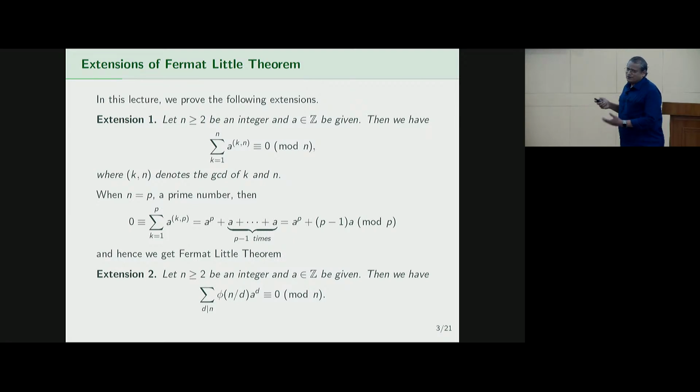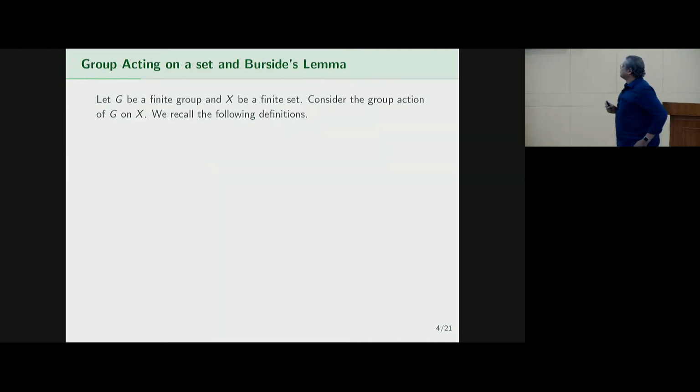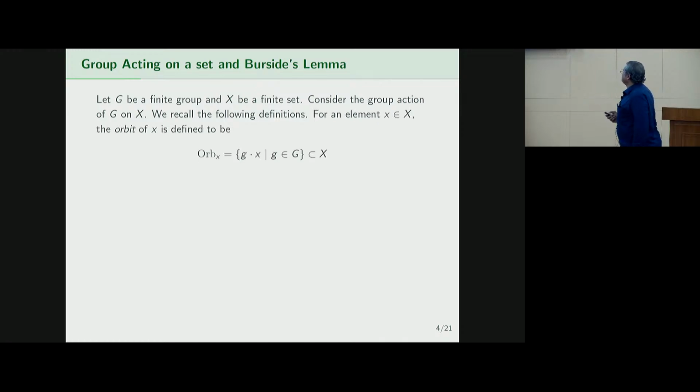The proof is going to come from Burnside's lemma. I would like to recall: G is a finite group and X is a finite set, and we consider the group action of G on X. We recall the following definitions.